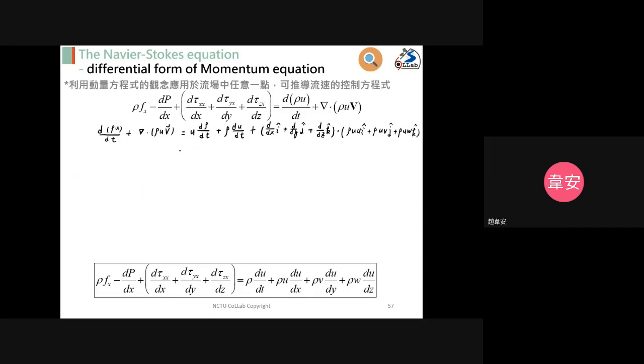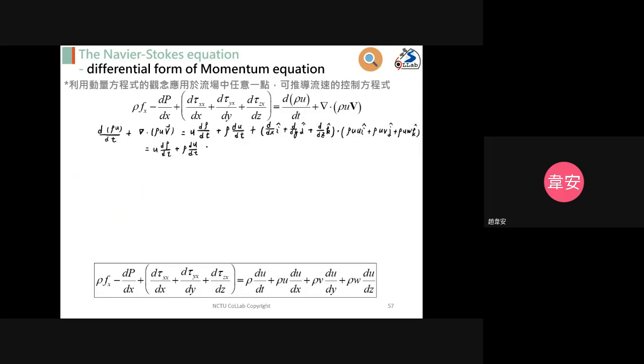So for the divergence operators, we know that we keep here u d rho dt plus rho du dt, and then for the divergence computing, we only have the items for i, j, and k.